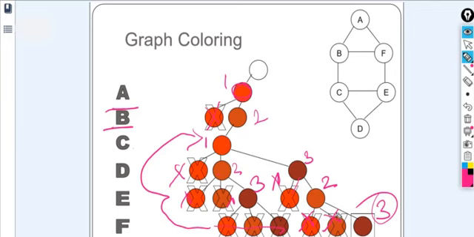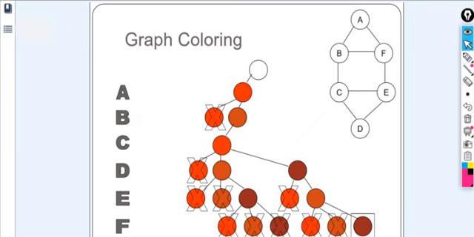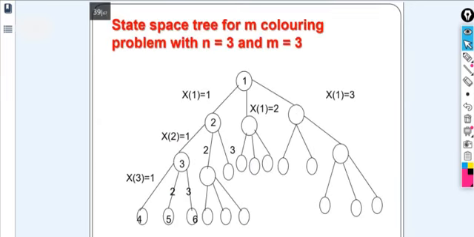In that manner we have filled all the vertices with colors, as shown here with the help of the diagram. Next we have a state space diagram. It's also interesting to know about the state space tree diagram, because it indicates the same thing, but in tree form. We have represented the colors as number 1, number 2, number 3.